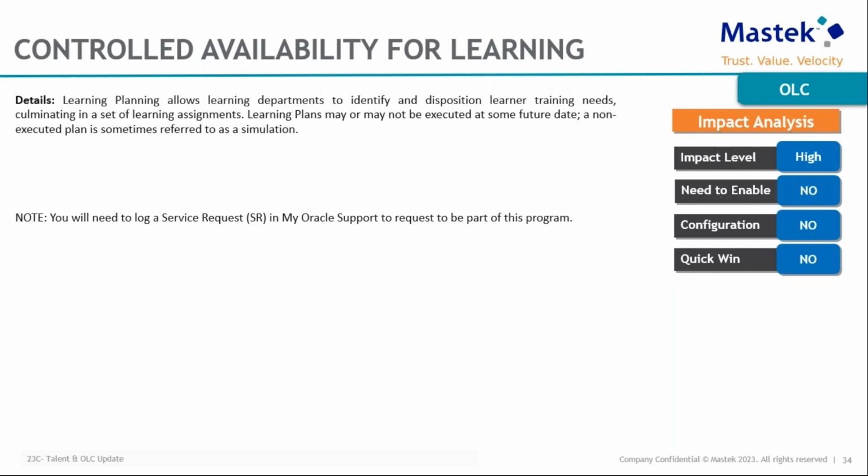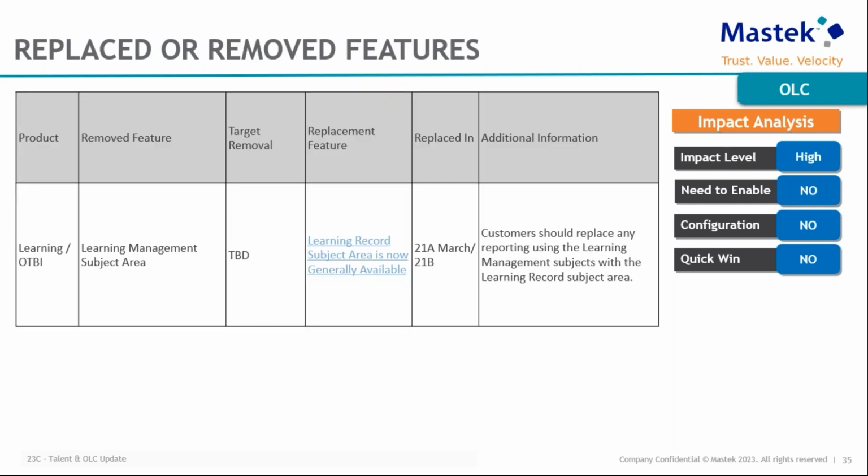If there's a need for such a thing, you can log a service request and get it activated, and it can then help you with your learning assignments. Or if you don't assign those, ultimately you can run simulations because the plan isn't executed.